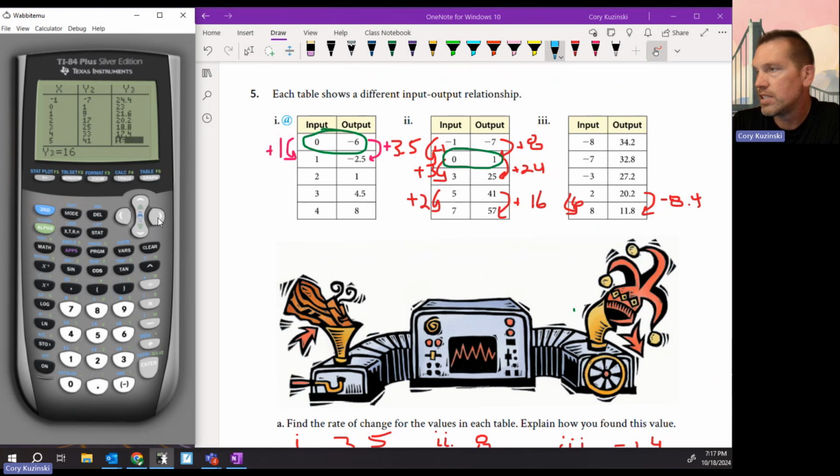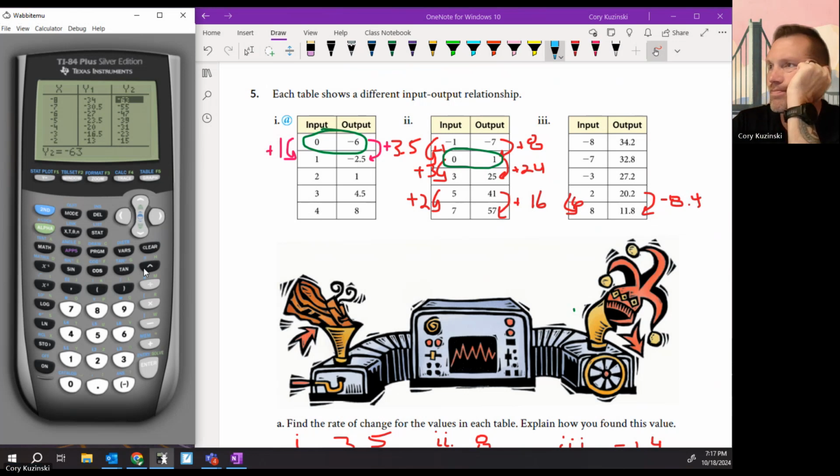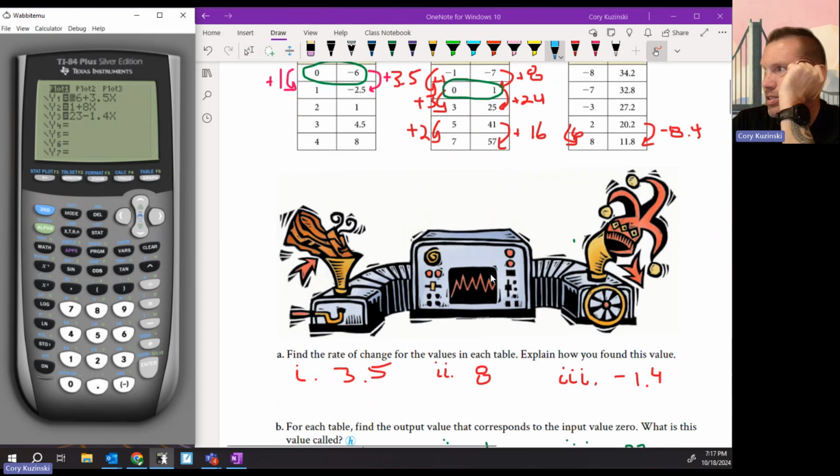And then for number 3, I got to go up here to negative 8. Something's not right there. It's supposed to give me 34.2. Oh, I see what's happening here. 23 minus 1.4x.